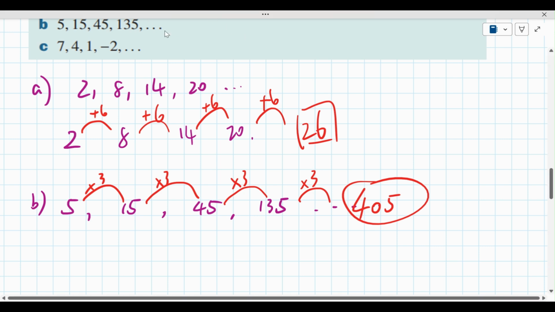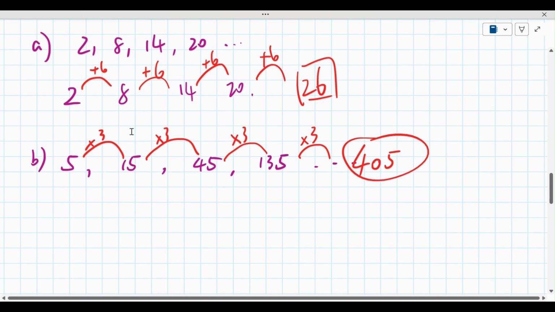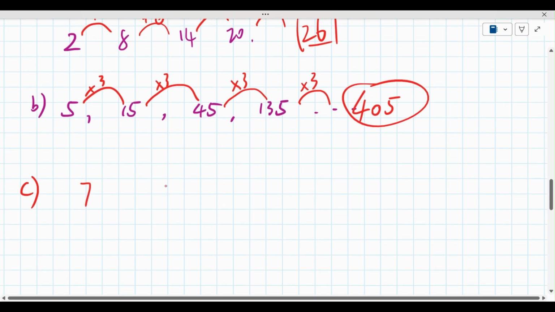Sometimes we have minus or divide as well. Let's have a look at the next one. We can have negative numbers, so make sure you understand that. Question C: 7, 4, 1, negative 2. What is the next number?